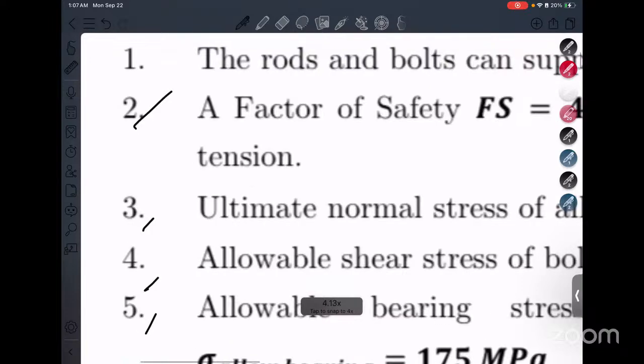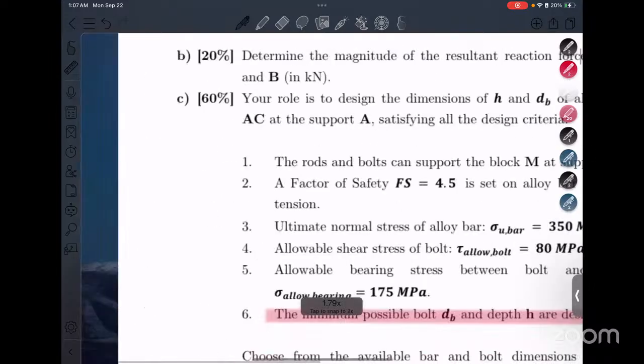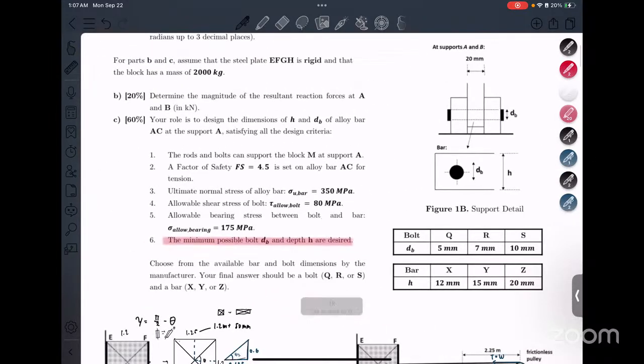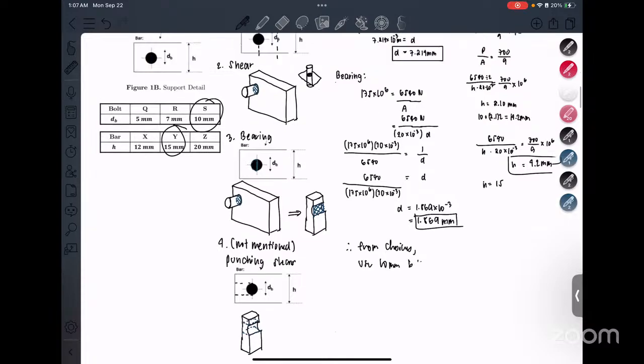Note that this is ultimate, meaning eventually we still have to find what the allowable normal stress is because design always takes into account the allowable normal stress, the allowable stress in general. That's where the factor of safety will come in, but we can get to that later. So that's what we're tasked to do. We have to figure that out.